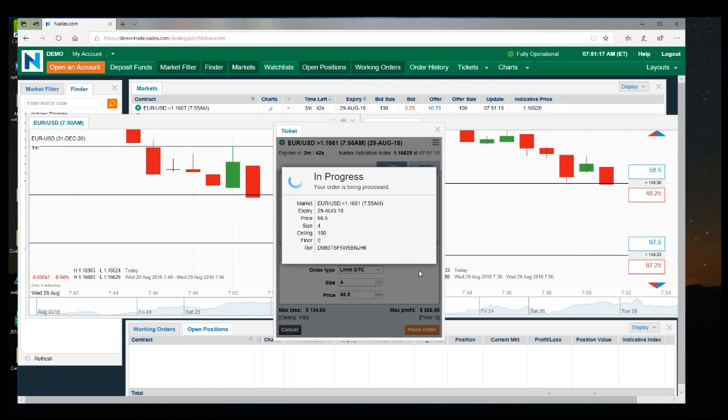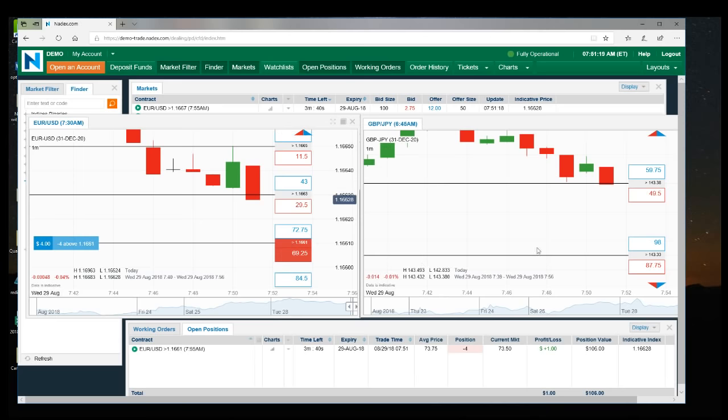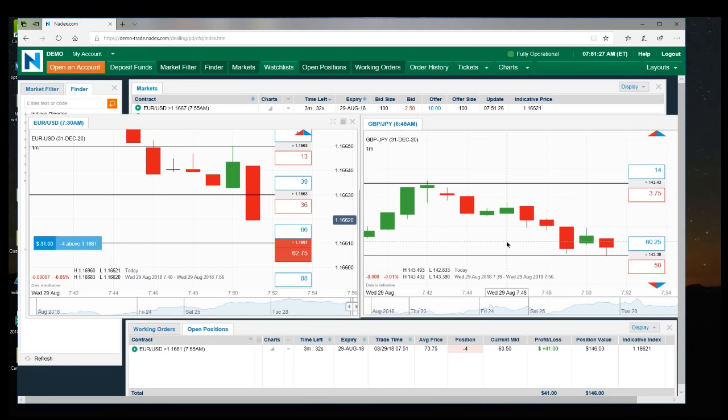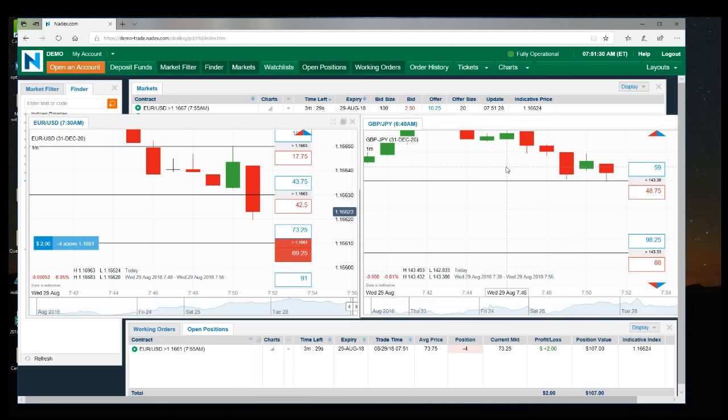Let's see if we can get in that one. We still have a reversal bar that is formed on the 5-minute on that one. The British pound is just not moving very much at the moment.